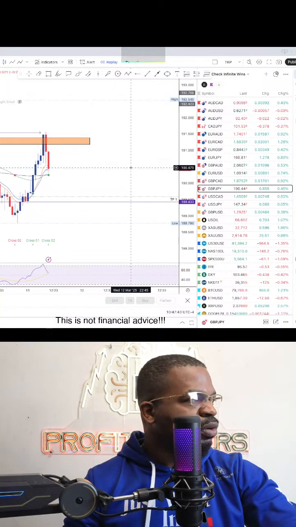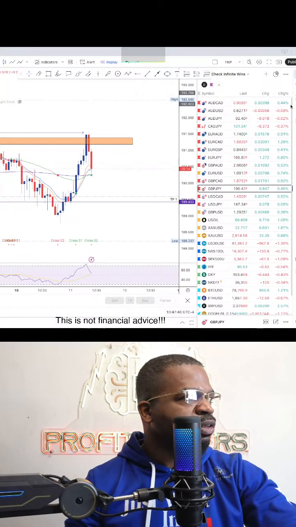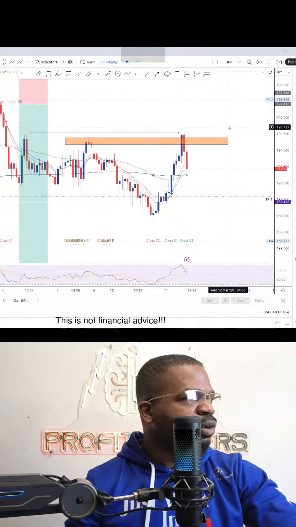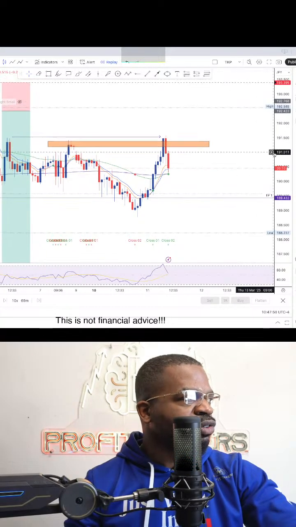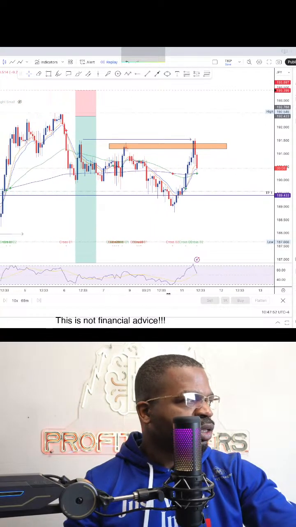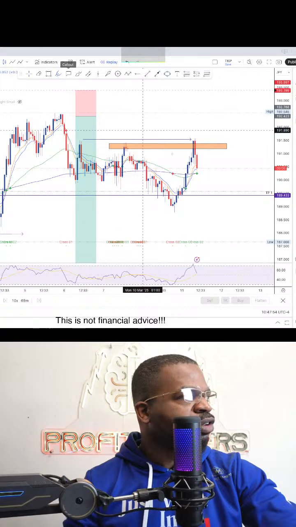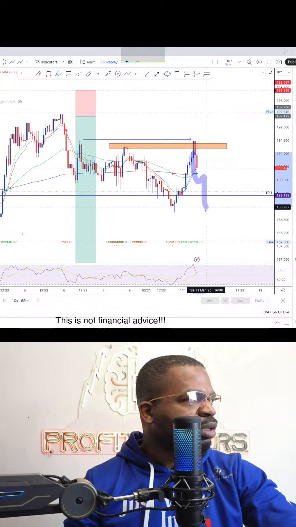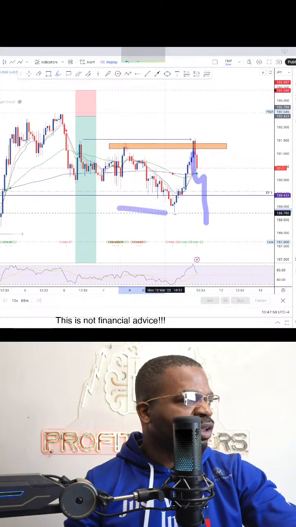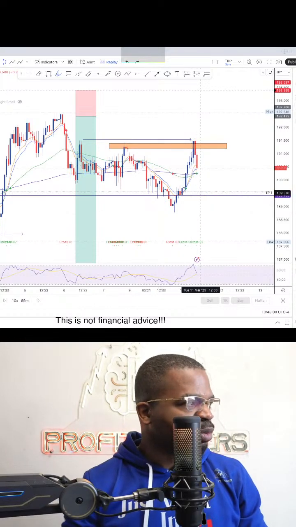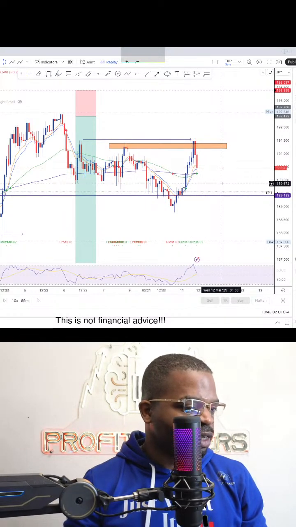We're taking a look at a few JPY pairs. We're looking for the reversal on Pound JPY, to see these lows get taken out right here, and a similar trade setup on USD JPY.